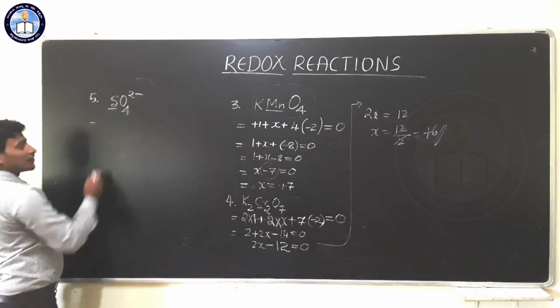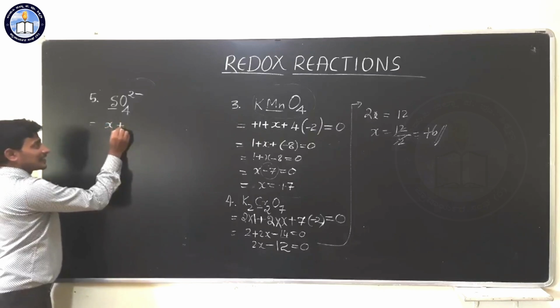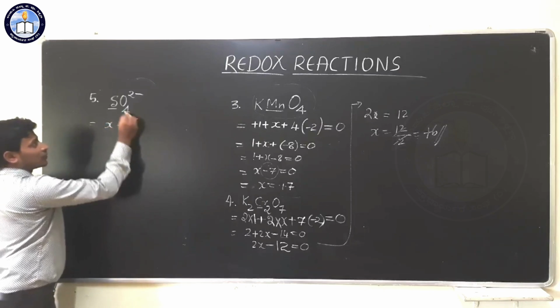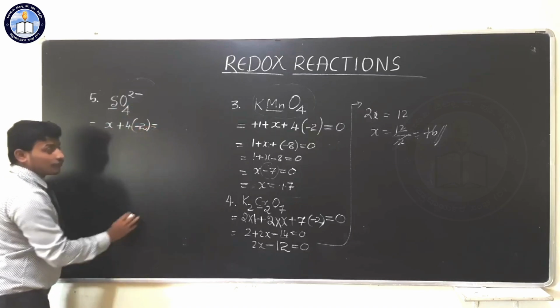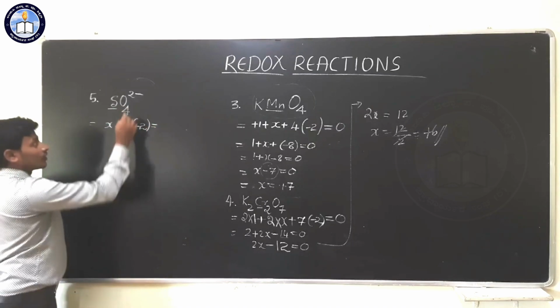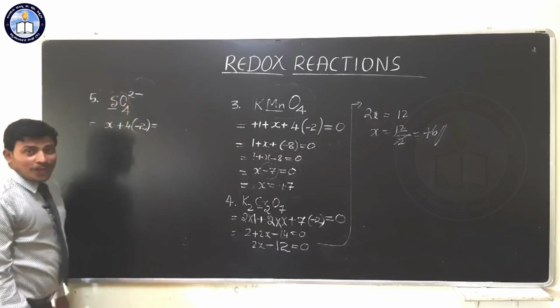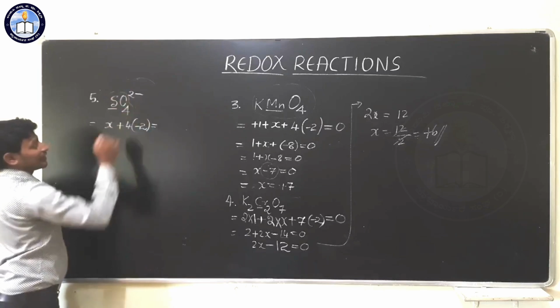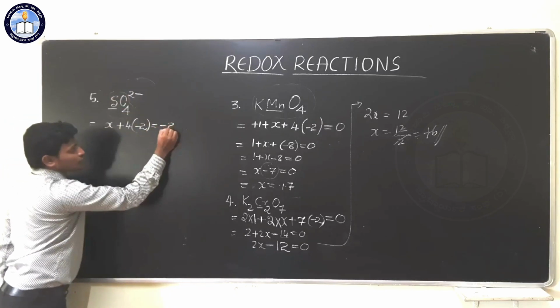For sulfur we have to find x plus 4 into oxygen, minus 2, equal to, be careful, this is a species having charge, 2 minus, hence we write minus 2.